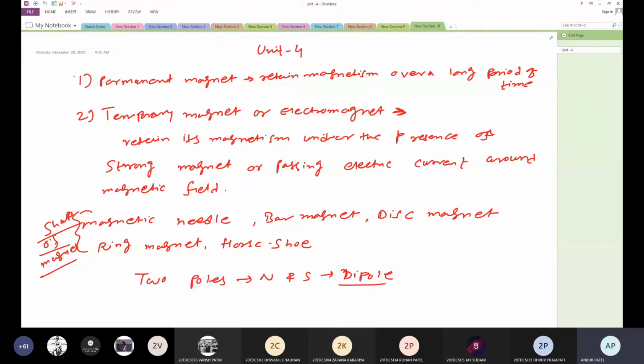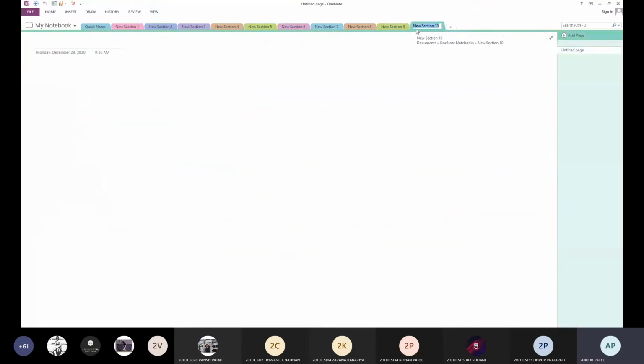Now we are going to the first important term for magnetism, that is magnetic flux. Static charge is completed, electrostatics. Now we are looking at the moving charge, this is for the magnetic case.